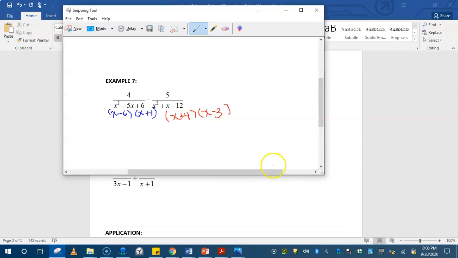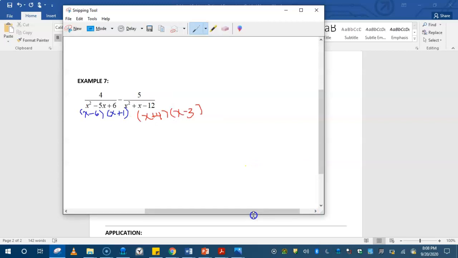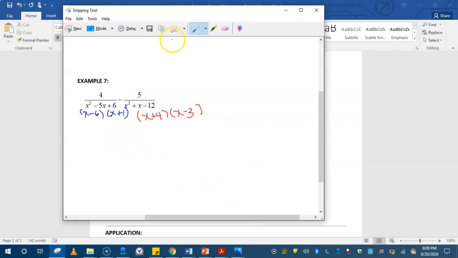Remember, I'm writing my LCD over on this side, and I'm going to write it down here. So my LCD is going to be all of our factors. I'm going to take my x minus 6, sorry, and then my x plus 1, and then my x plus 4, and then my x minus 3.